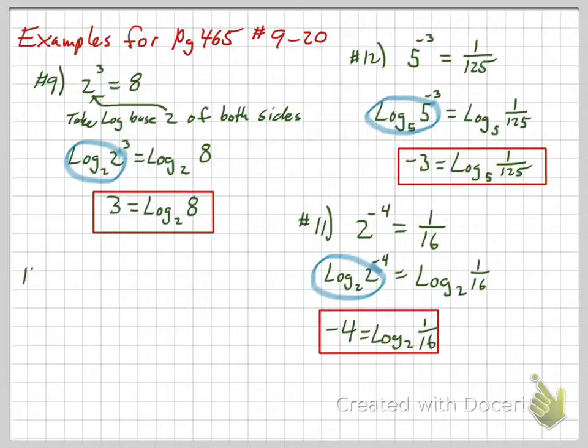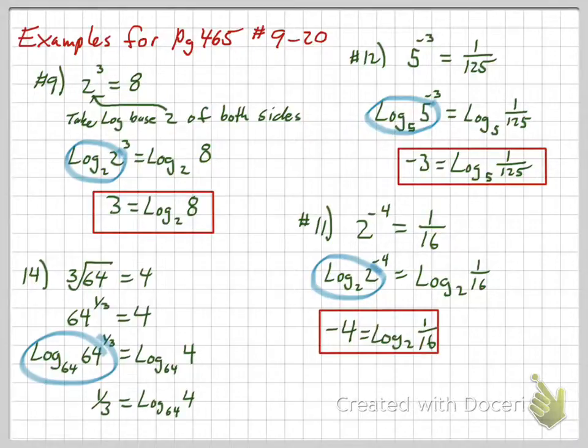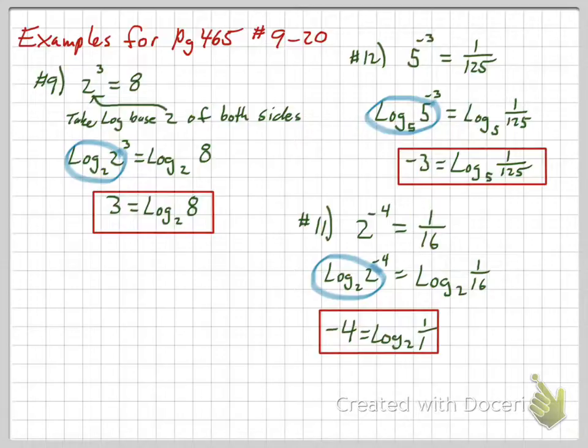Okay, let's take a look at another problem. And this problem involves radicals. Let's back that up a little bit. So how are we going to address this problem? Before I do anything with this problem, let's take that cube root of 64 and make that the same thing as 64 to the 1/3 power.